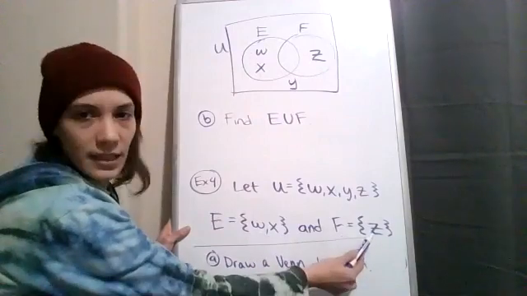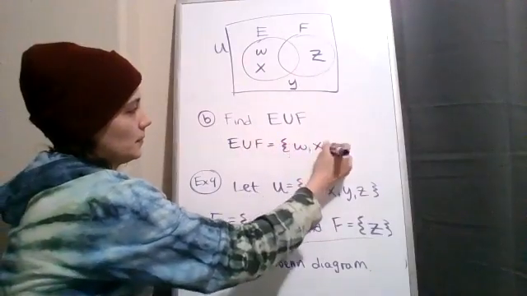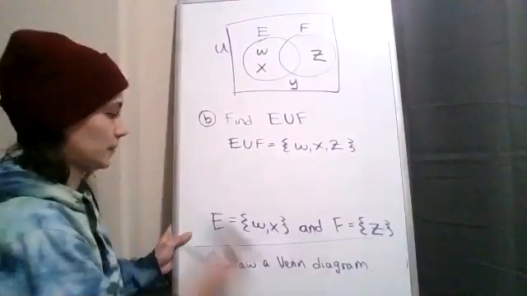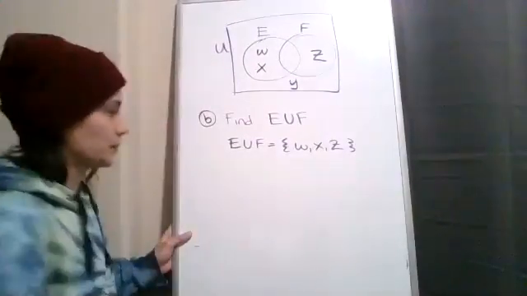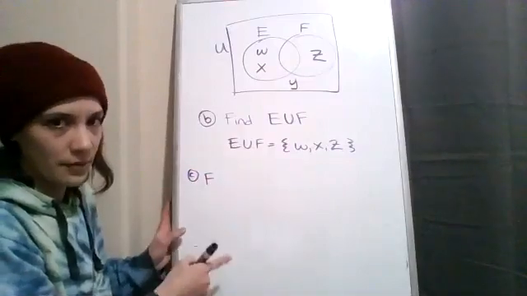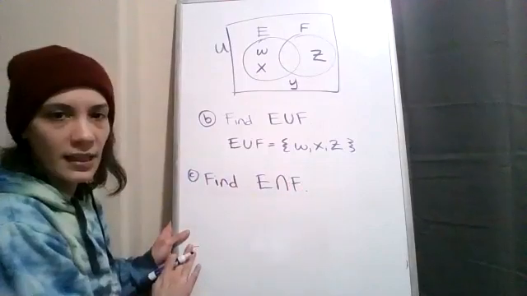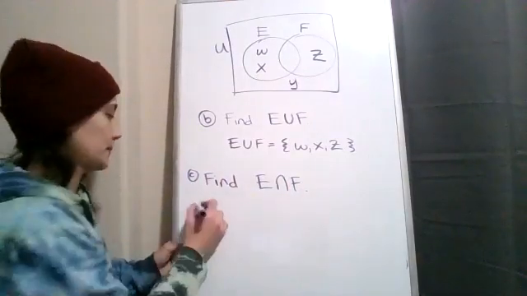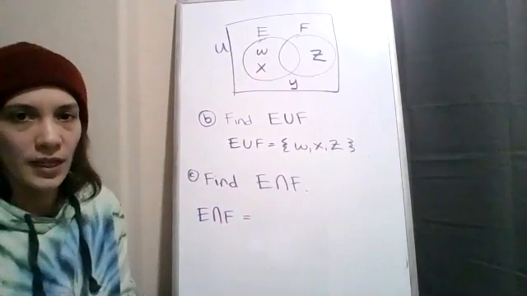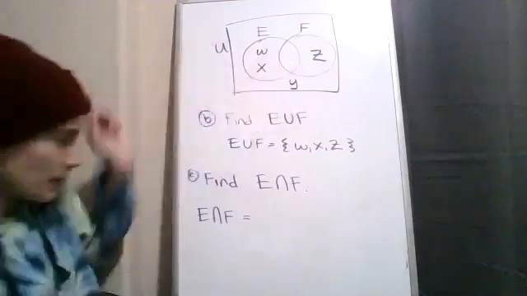So W, X, and Z. Okay, now we're going to get E intersected with F, or the set E and F. So there were no elements common to the sets, or if you look at your picture, it's empty in the middle. So it's the empty set.